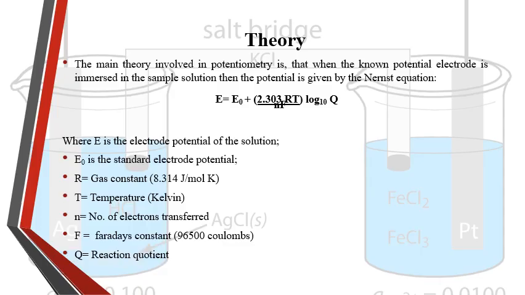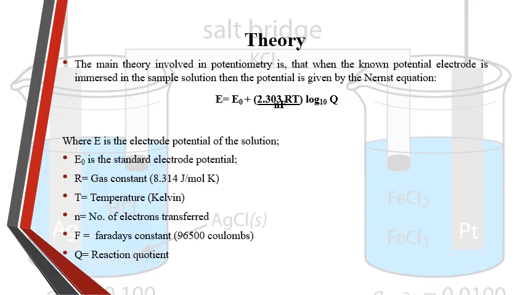N means the number of electrons transferred per molecule in the redox reaction occurring at the electrode. This is a key factor in determining the potential, while F is the Faraday constant, which is 96,500 coulombs per mole.